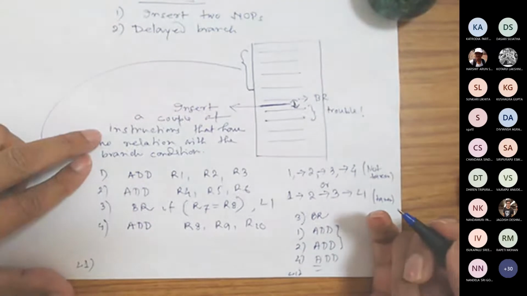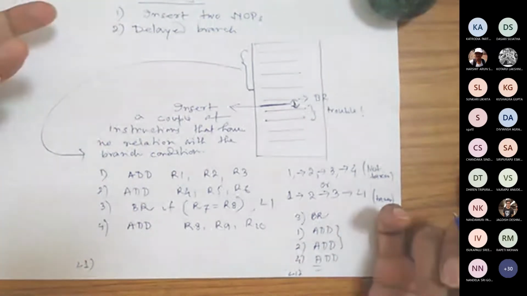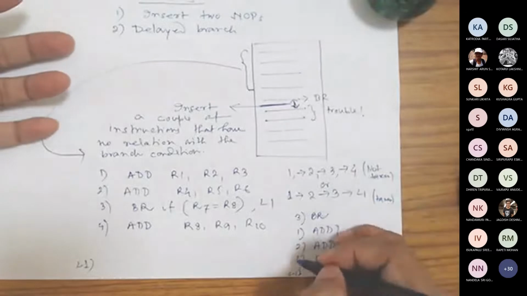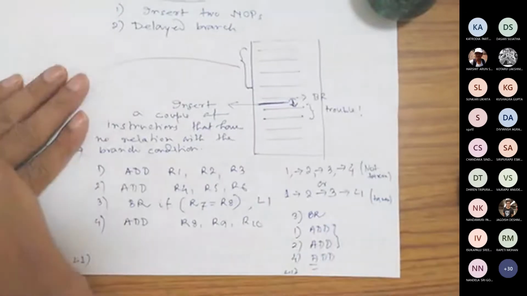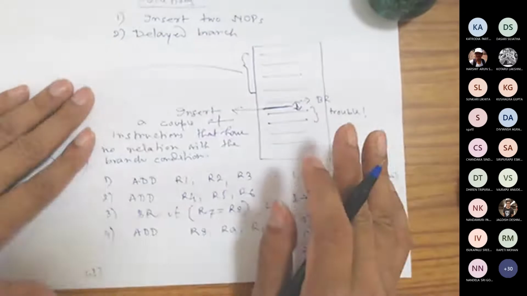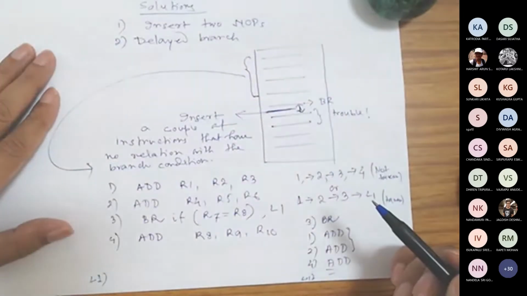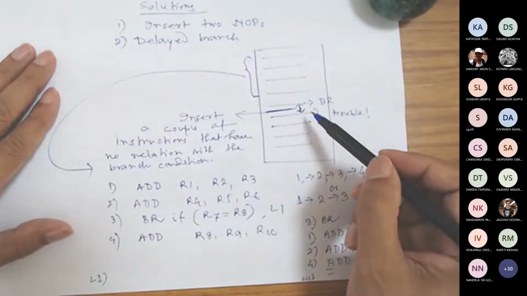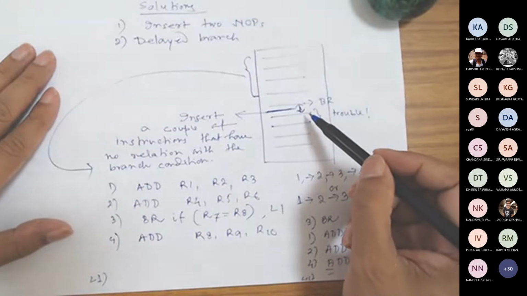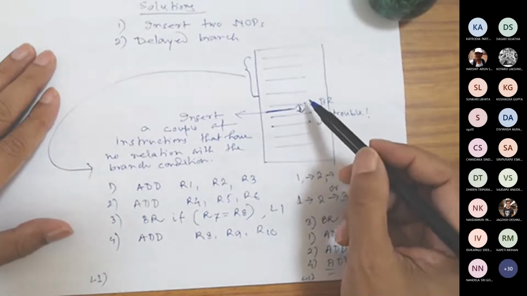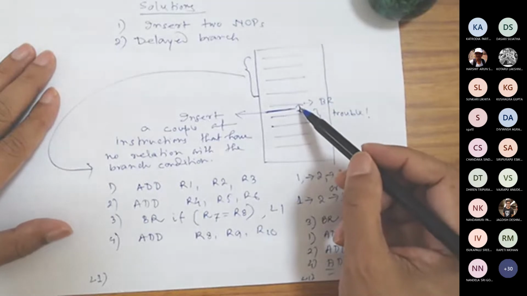If the branch is not taken, then also it is fine. Then it will go in this order. So they are in the pipeline. So this is a solution which actually ensures that the instructions which are after the branch, their execution is delayed.